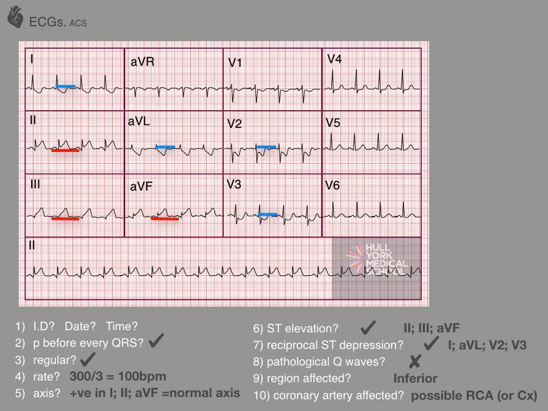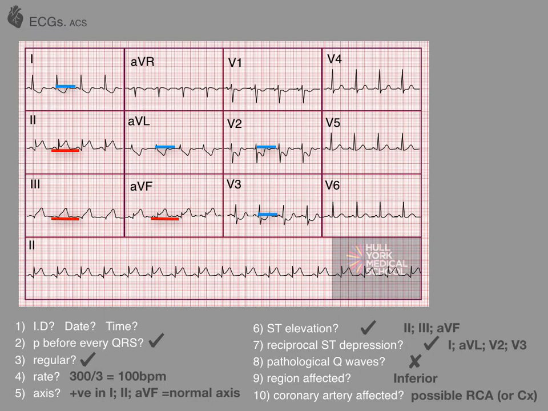If we then move on to looking at our axis, we can see that the waveforms are predominantly positive in leads 1, AVF and 2, so this is a normal axis ECG.